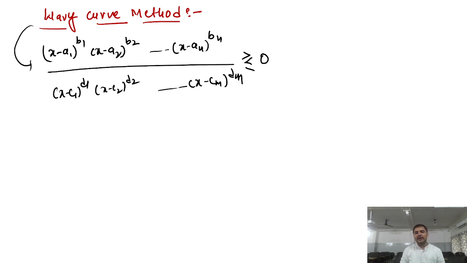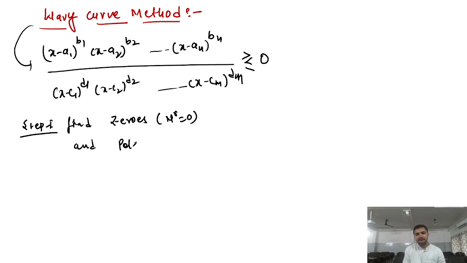Now what exactly is the Wavy curve method? First of all, we'll write the steps. With the question, I will be explaining step by step, right? Step 1. Find zeros, that is, x values where the numerator is equal to 0, and poles, x values where the denominator is equal to 0.